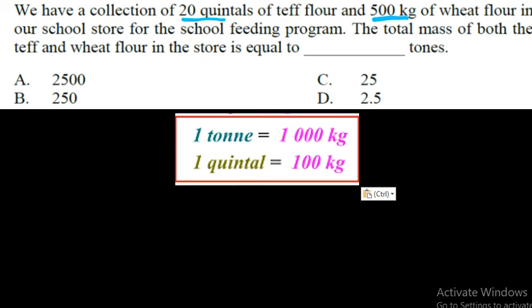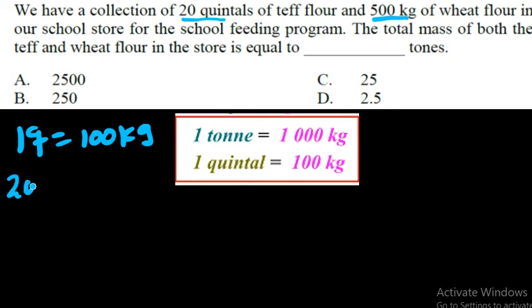So let us try to connect it. 20 quintals, how many kilograms? First let's change the quintal into kilogram, and then we are going to add the 500 kilograms, then we are going to change it into ton. So 1 quintal is equal to 100 kilograms, means 20 quintals will be how many kilograms?